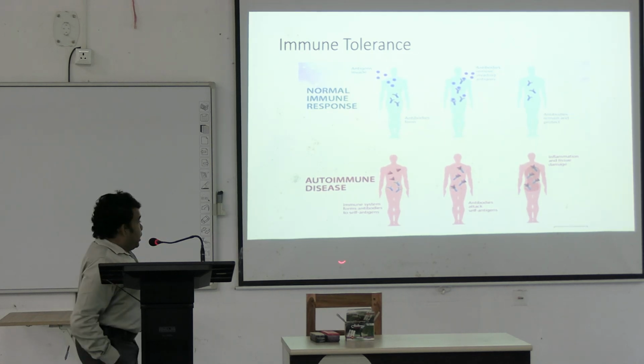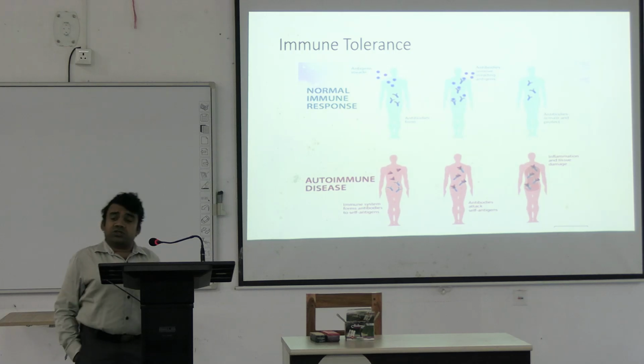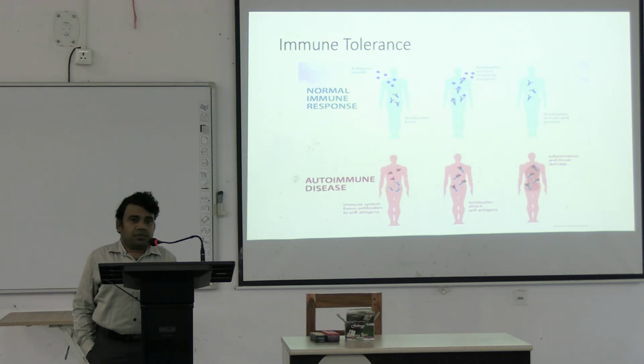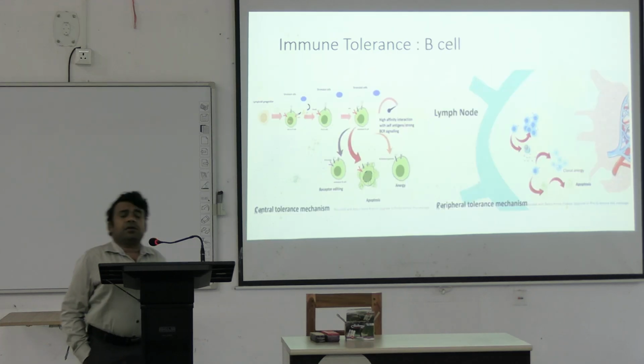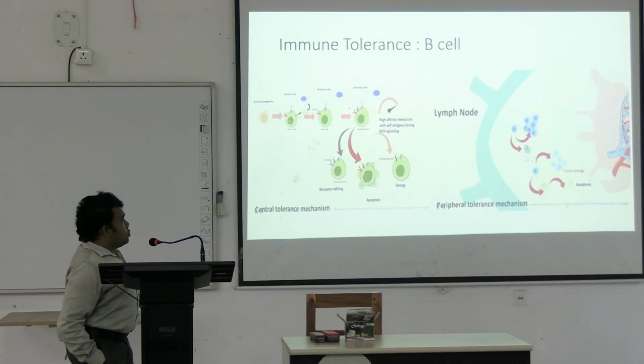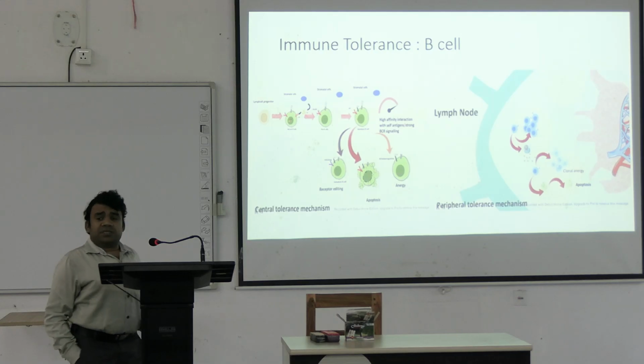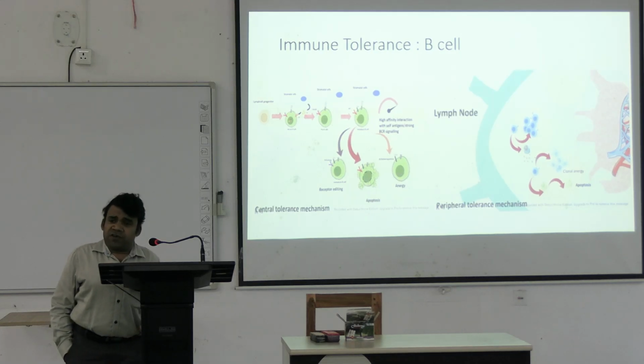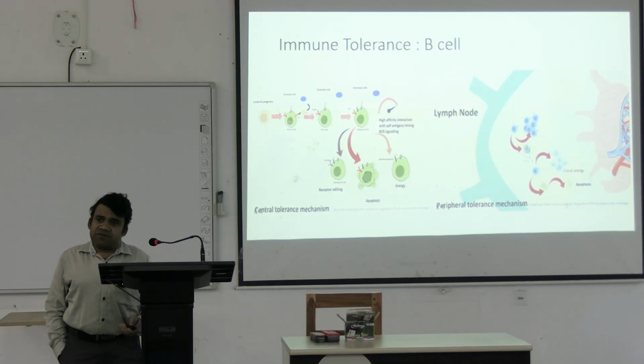But if the body starts producing antibodies endlessly or even after the infection has subsided, then these antibodies may attack its own cells. That is called an autoimmune response. To prevent it, we have what is called immune tolerance. The immune tolerance happens both in the humoral fraction and also in the cell mediated fraction.